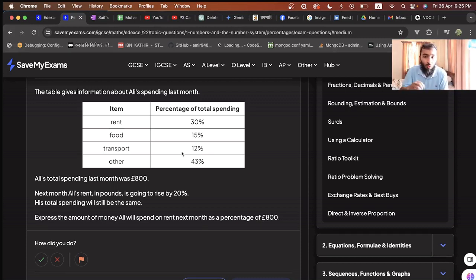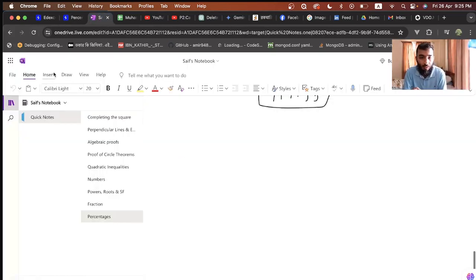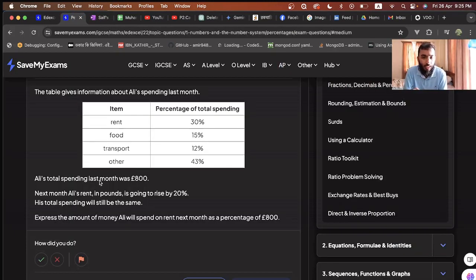So if I open my notepad and use my pen tool, it says Ali's total spending last month was £800, and his total spending this month will also be the same, but his rent is going to increase by 20%.